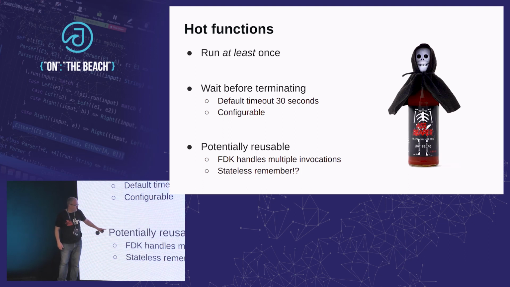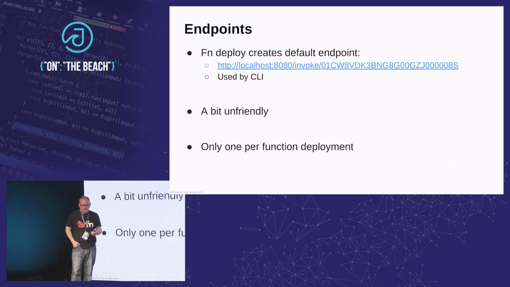So the function containers are potentially reusable, and the FDK needs to handle multiple invocations as well. It also is another good reason to make sure your functions are stateless, because if there is a subsequent invocation, you don't want something hanging around from a previous run that's going to cause problems.